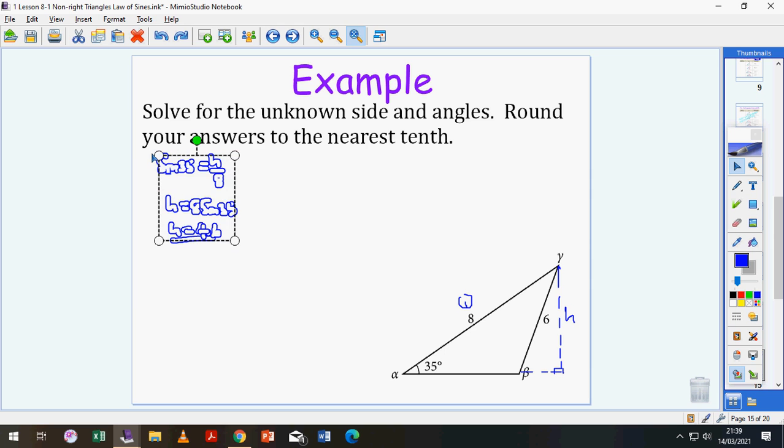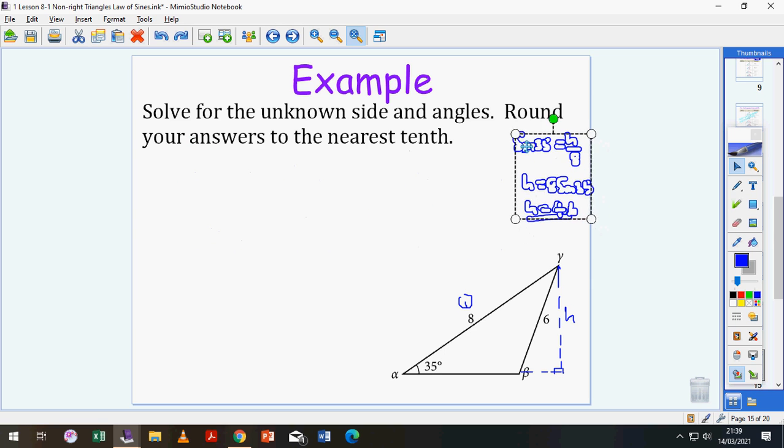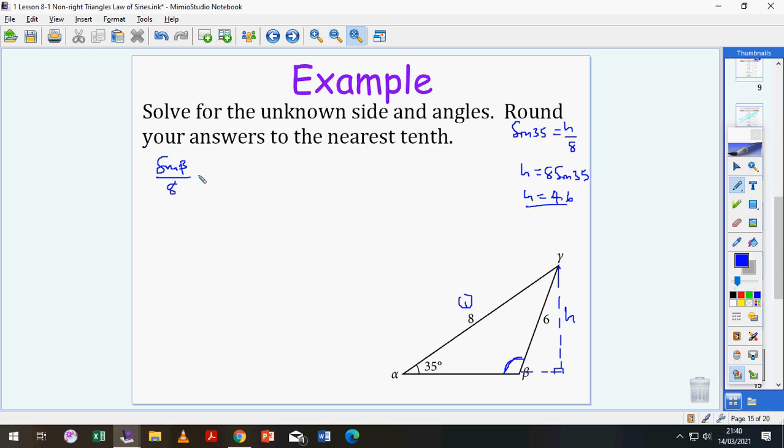Now I can start to solve for one. I'm going to solve for this angle, the obtuse angle, angle beta, and from that I know that sine of beta divided by 8 is equal to sine of 35 divided by 6. The sine of each angle on its opposite side.